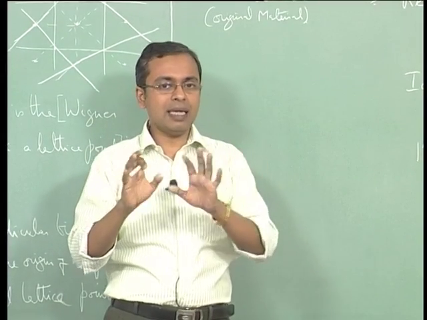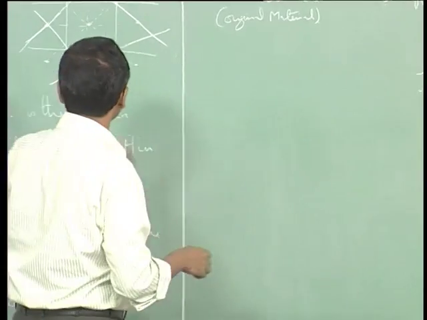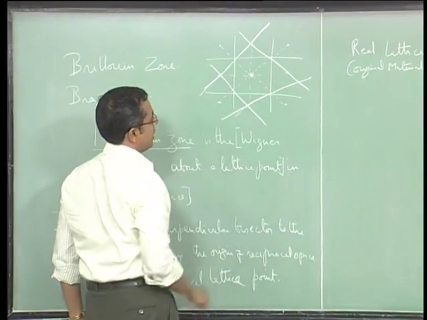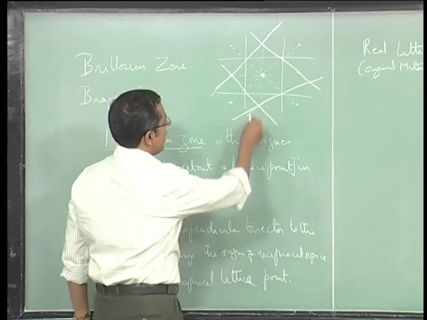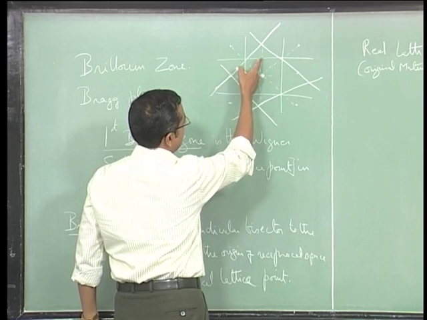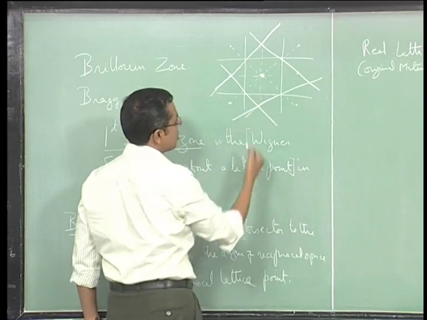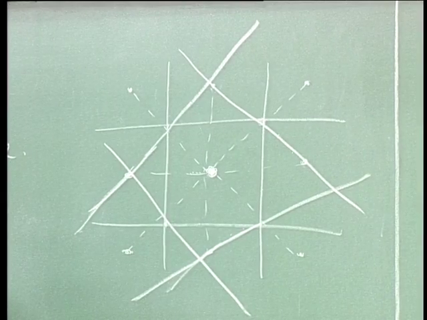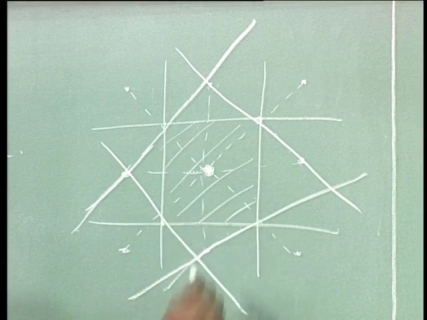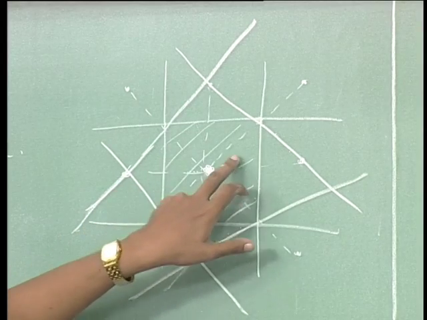I am merely restating what we have done. We look at the center, the origin of the reciprocal space. If you move away from this origin, as long as you do not cross any Bragg plane, as long as you are within this region, no matter where you go, you will not cross a Bragg plane.